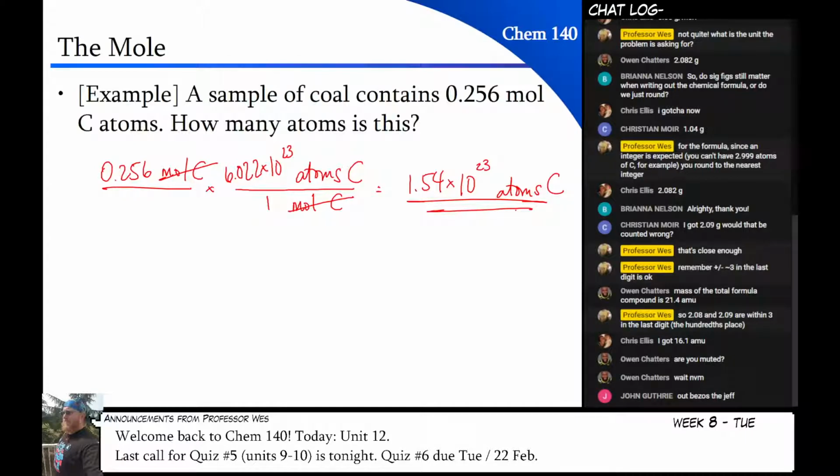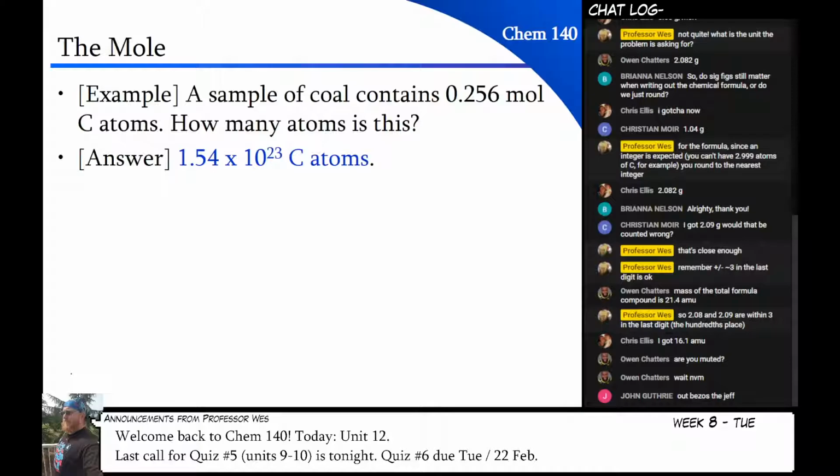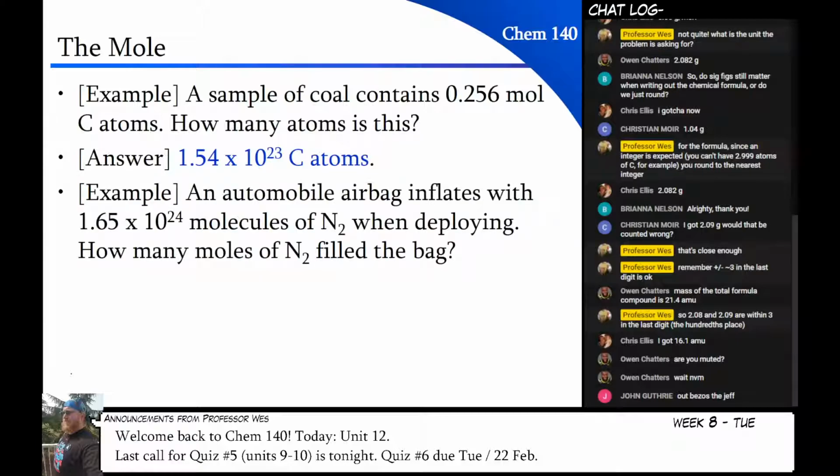Several billion boatloads, actually. So these are very simple calculations that we can do, just like we did in Unit 3, where you turn feet into miles or whatever. Now we're just turning number of atoms into moles, or moles into atoms.